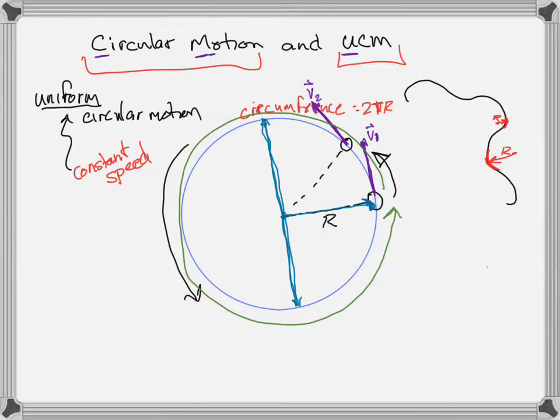That amount of time for one complete revolution is called the period. Period is defined as the capital letter T, and that is defined as the amount of time for one complete revolution.